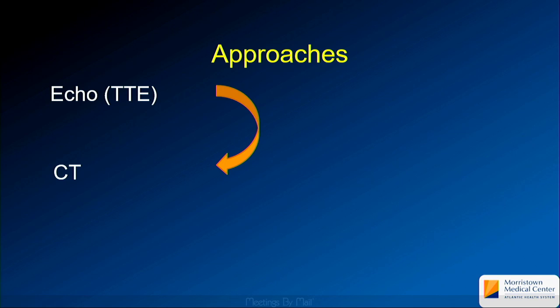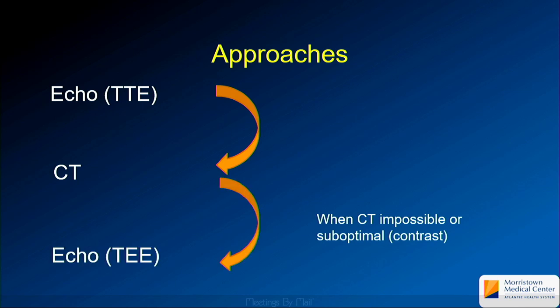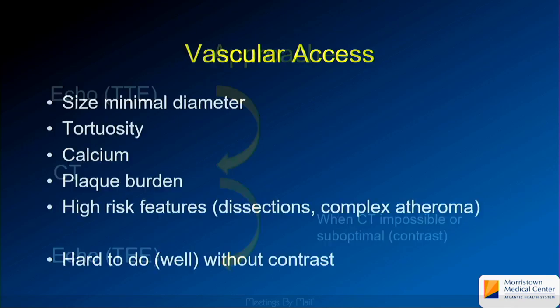And along the way, we developed much better CT tools. And fair to say that CT right now for pre-procedural assessment is the workhorse. But there are patients in whom CT is either impossible or suboptimal, largely related to issues of use of contrast. And for those patients, we can still use intraprocedural, typically echocardiographic, done by transesophageal echocardiography.